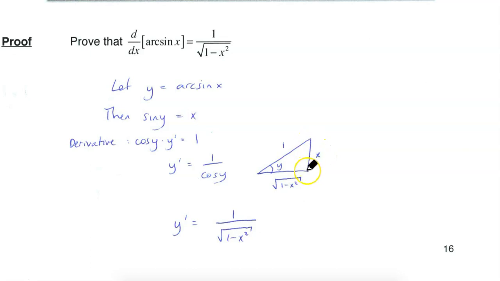It's here. And now I can use Pythagoras. If I know that the hypotenuse is 1 and the opposite side is x, I can say that the adjacent side is square root of 1 minus x squared using Pythagoras. But this side also happens to be cosine of y. So I can substitute, instead of cosine y, I can write square root of 1 minus x squared, and we have our answer.